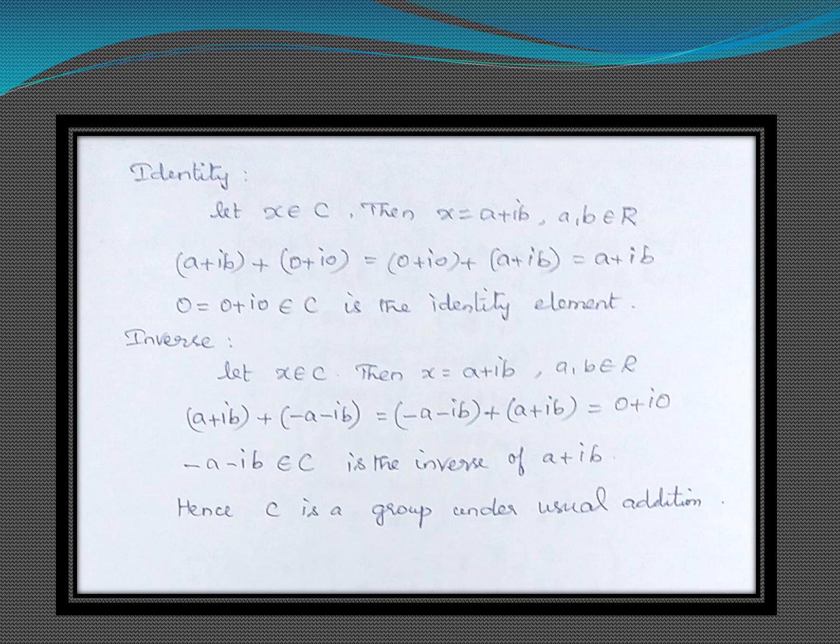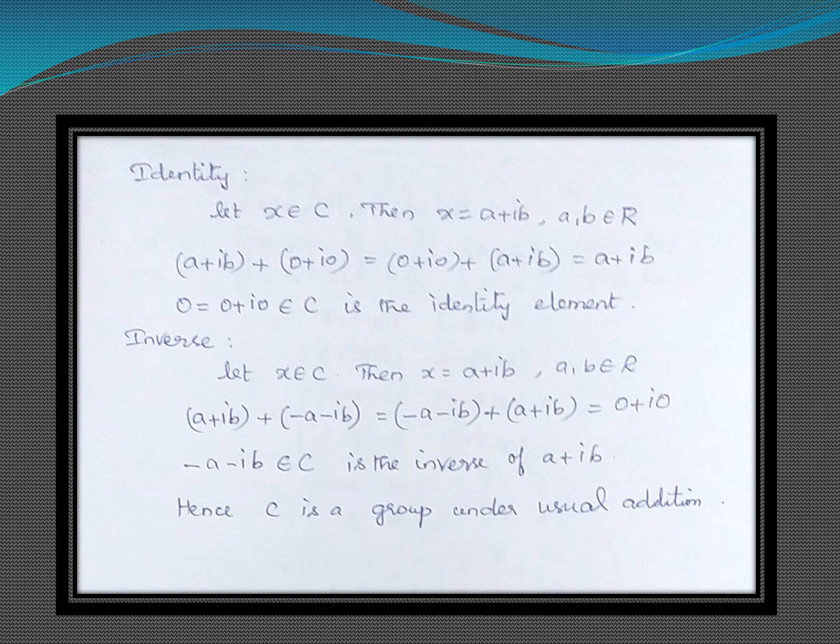Next, fourth condition, inverse. Let us take an element x belonging to C, then x is equal to a plus ib, where a, b belong to R. Now I am going to choose an element which satisfies the condition a star a dash equal to a dash star a equal to e.